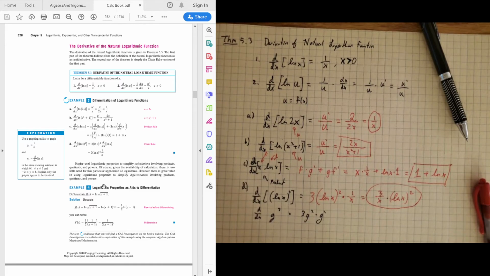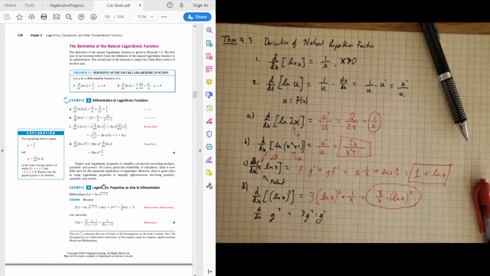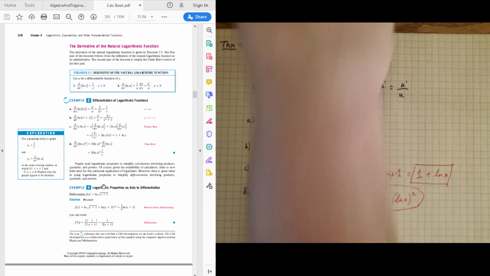Now, the more difficult ones combine together the logarithmic properties and these theorems from 5.3. These are the ones that are the most difficult in your homework tonight, because you have to get the part done with the properties before you can bother trying to do what's inside of them. So let's take a look at the next example in the text.